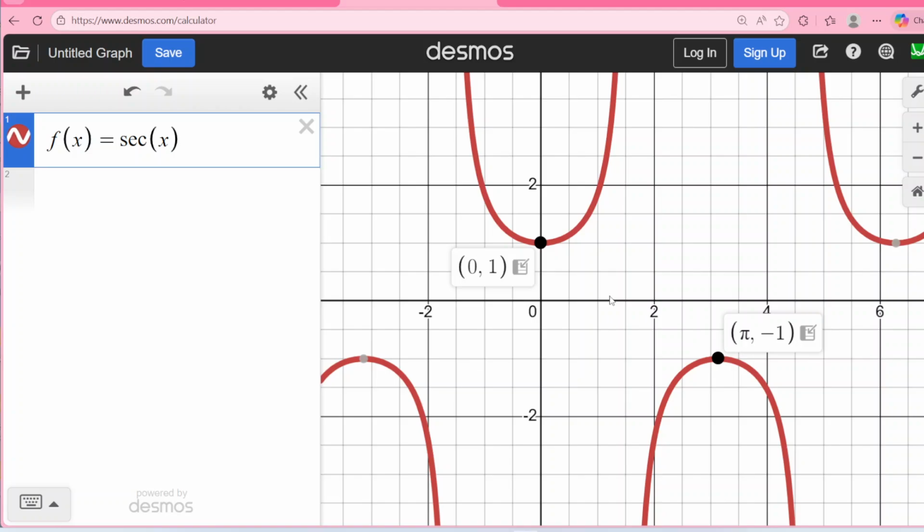And the vertical asymptotes, again, were at the odd multiples of pi over 2. So the domain was everything except the odd multiples of pi over 2. And the range is values from -infinity up to -1, and then again from 1 to infinity, but nothing in between. Right, so hopefully that looks familiar.